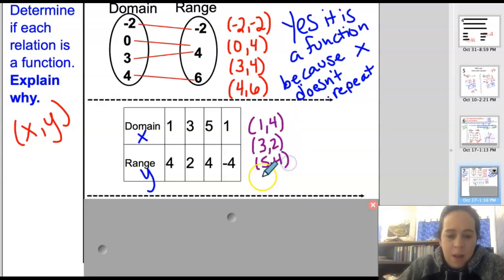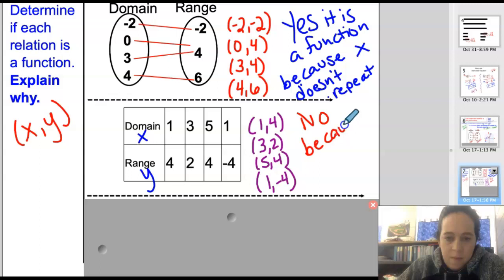And the last one would be (1, -4). So is this a function? No, because my x value of 1 repeats.